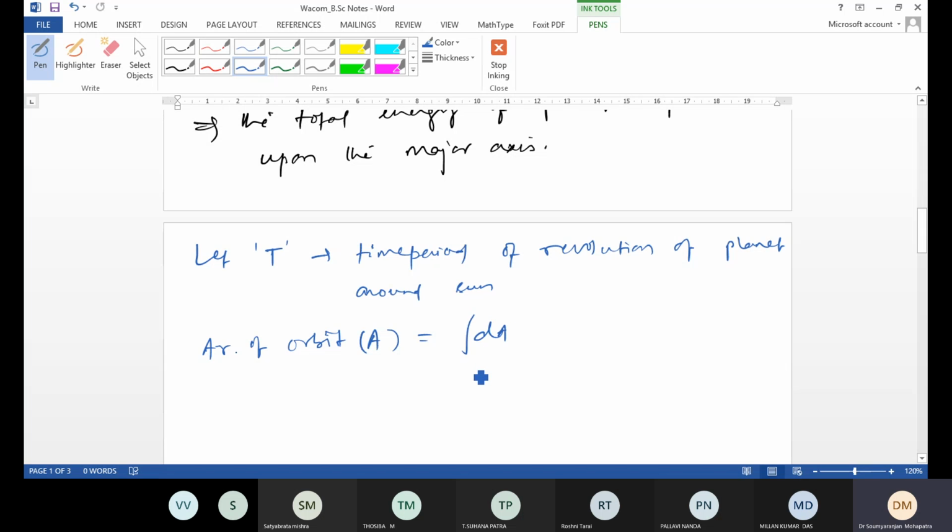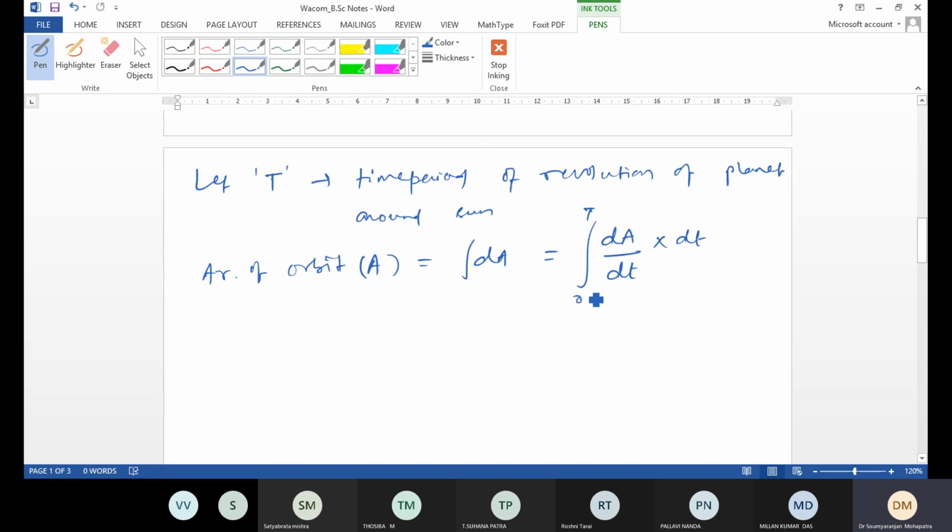small change in area. Okay, so that is equal to dA by dt into dt, and this integration goes from 0 to T, the maximum time period T, and this is a very simple one. So what is your dA by dt?